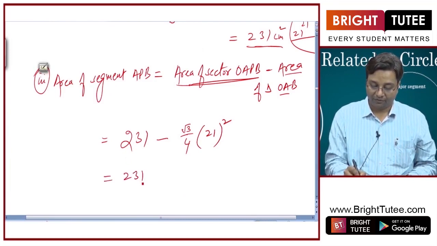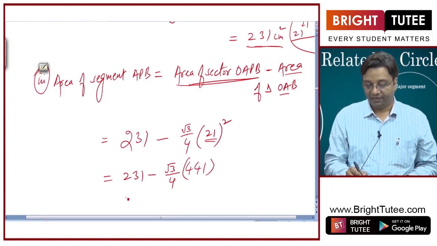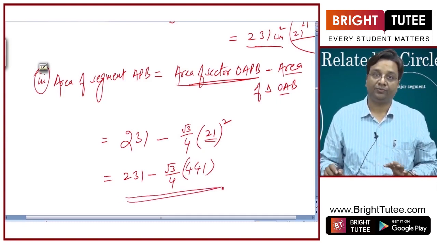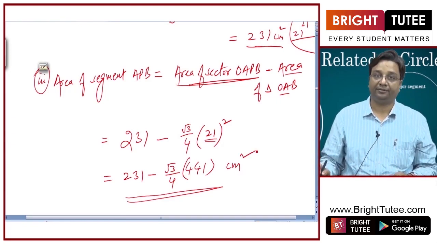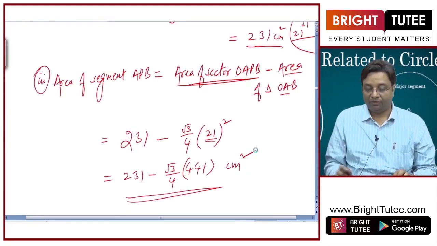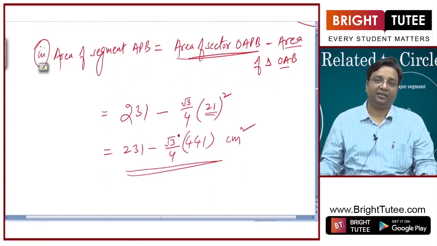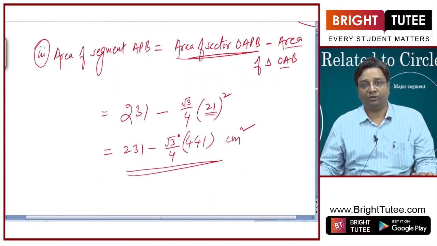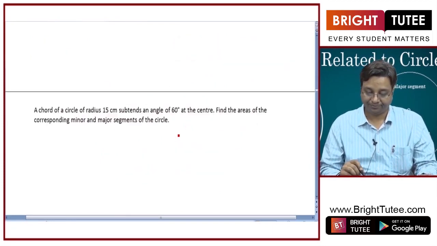So this is 231 minus √3/4 into 441. I leave the calculation to you. Just don't forget to write centimeter square in the end, right? So this is how we will calculate area of segment APB. √3 can be taken as 1.732 approximately, and then you can do the further calculations.